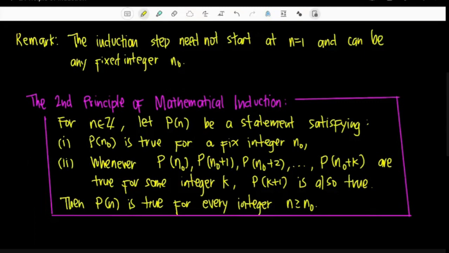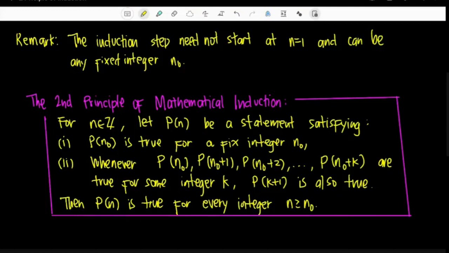Now, instead of just assuming P of n sub 0 plus k to be true, we assume that all the preceding propositions, n sub 0, n sub 0 plus 1, n sub 0 plus 2, and so on up to n sub 0 plus k, are true.